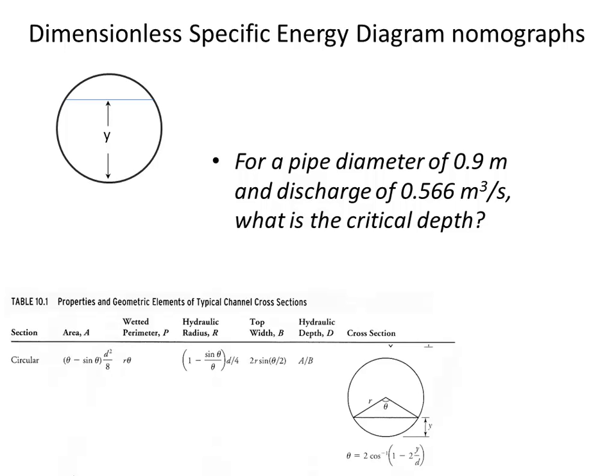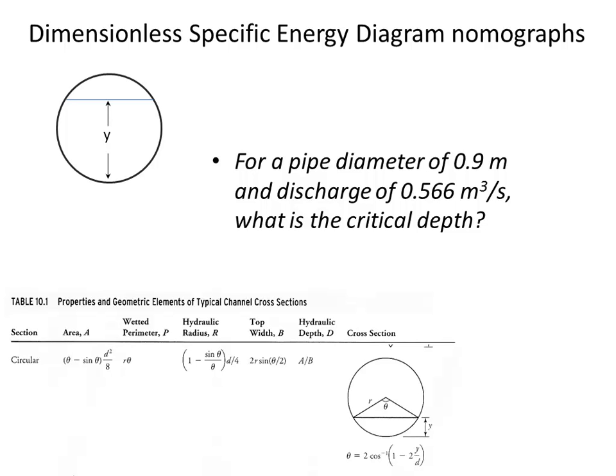And so that example illustrates the process of how you go from some specified discharge and a pipe diameter and how we ultimately can find the critical depth, y sub c. So this is critical depth. In the example, no pipe slope was specified because it's not asking what will the water depth be in a certain situation.